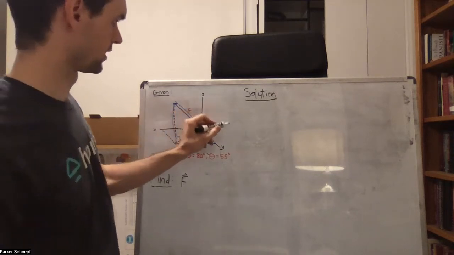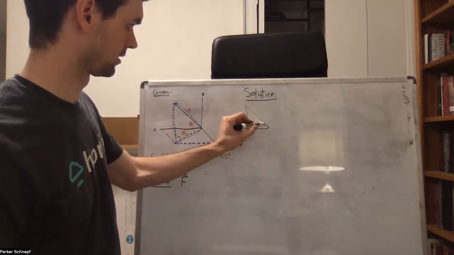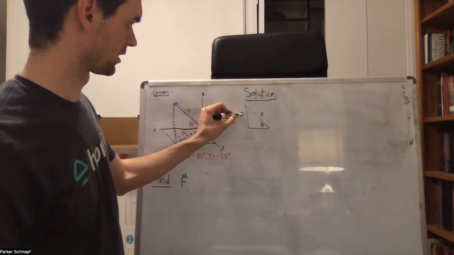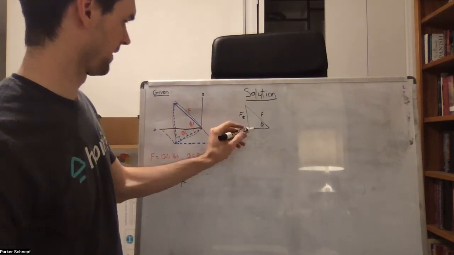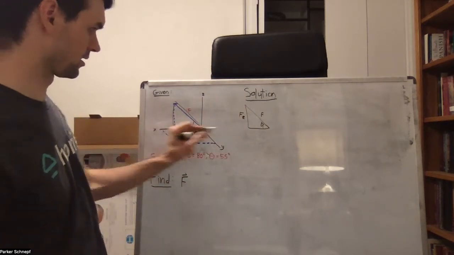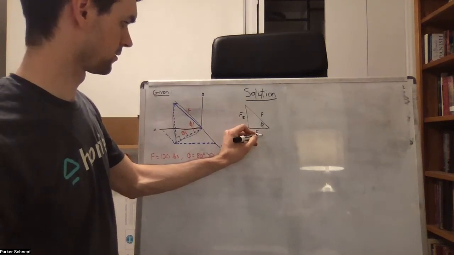This we can call Fz, and I'll call this length right here Fxy for now.